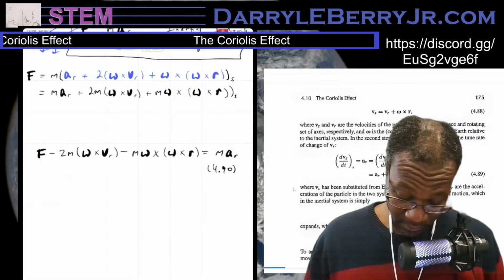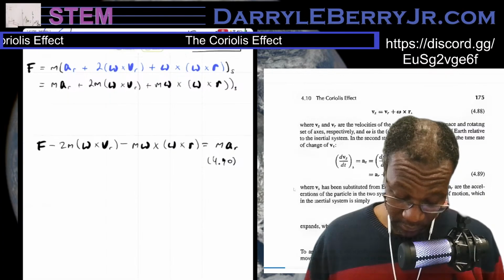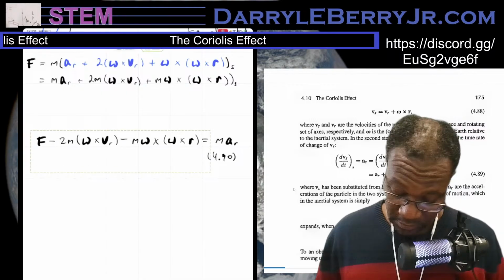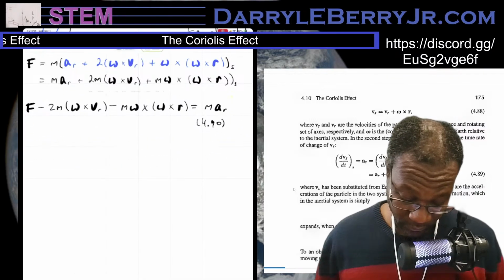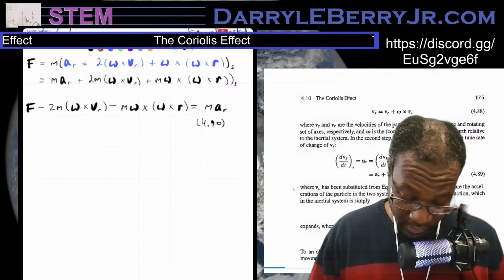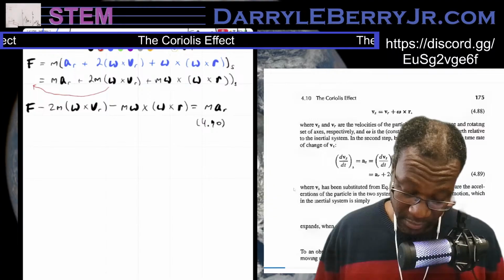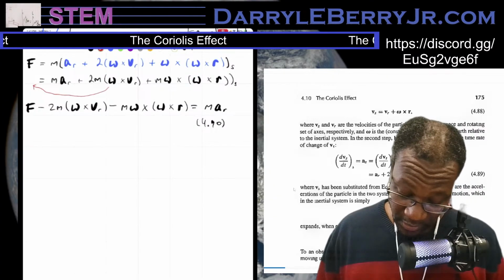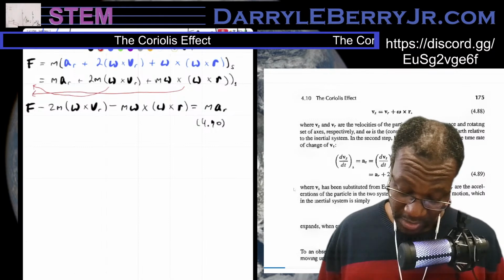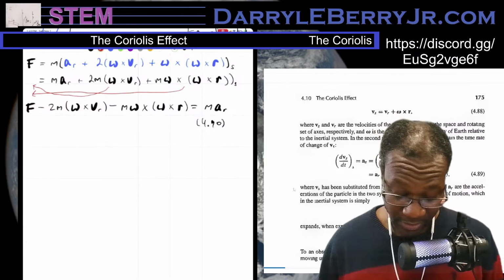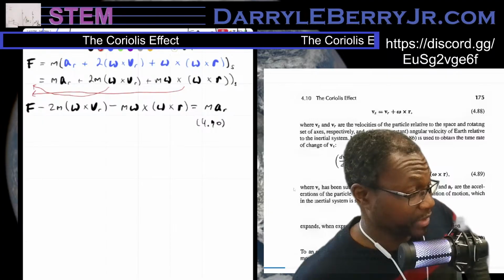So they subtracted everything onto one side. So these two are going to go over there. So now you have the minus 2m omega plus VR. All of this is going to go over there. So now you have your minus m omega cross omega cross r. And they dropped the s. I guess because they put it on the left side.